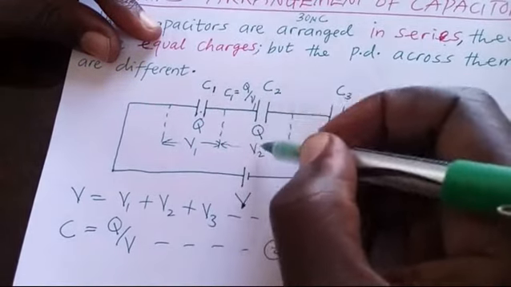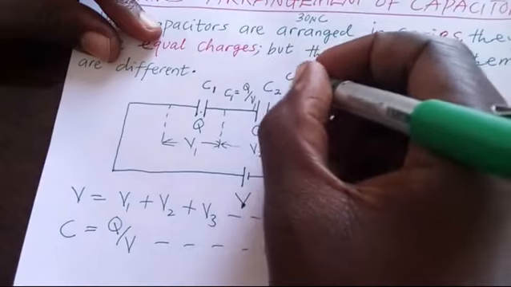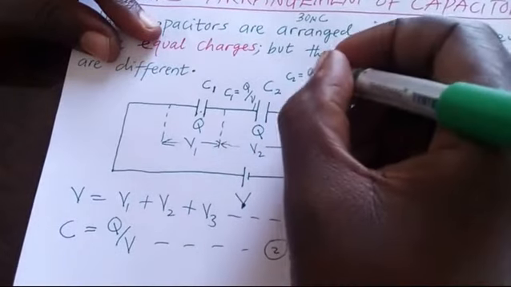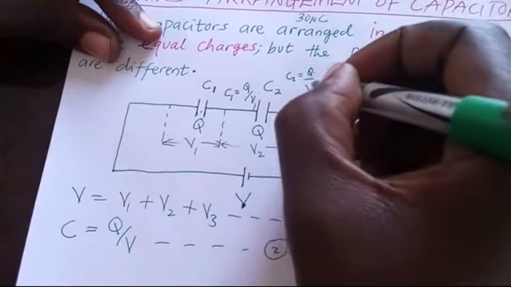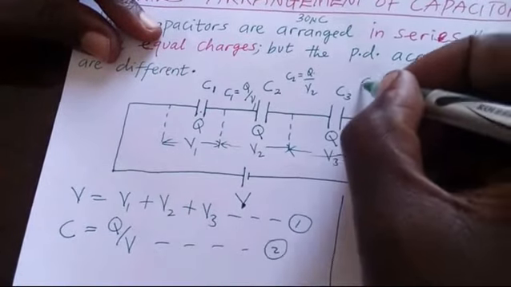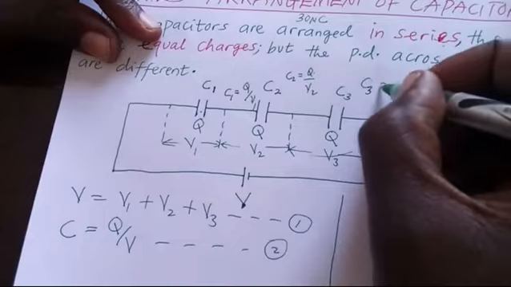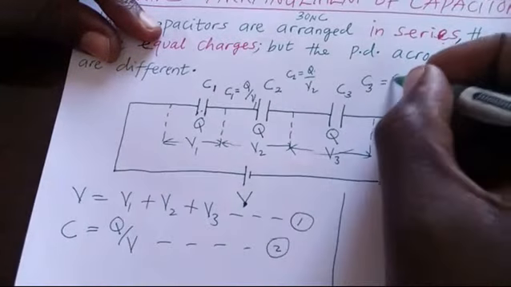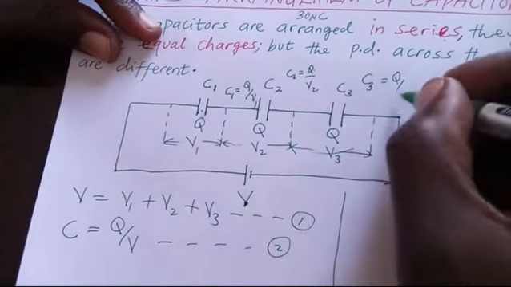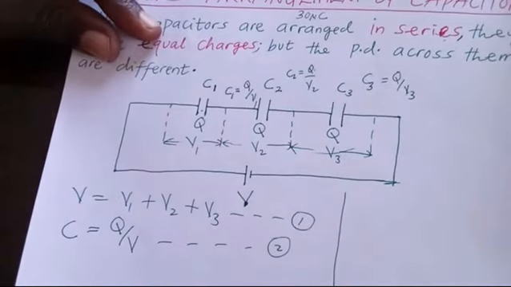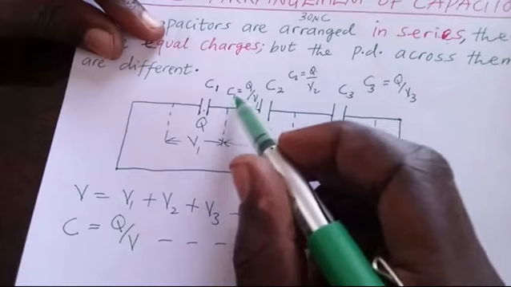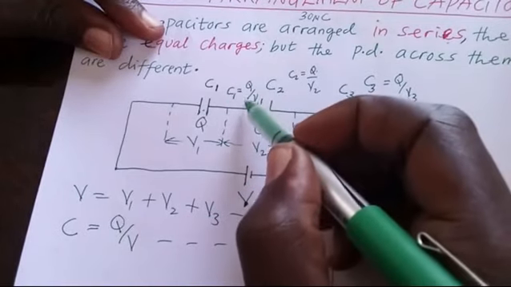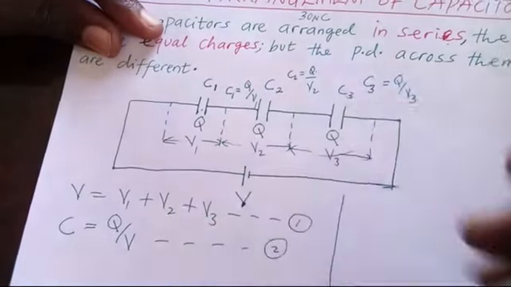If you do that for the second capacitor, you will say C2 is equal to its charge Q divided by its PD V2. For the third one too, you say C3 is equal to its charge Q divided by the PD across it, V3. So from here I can make V the subject of the formula in each one of these.